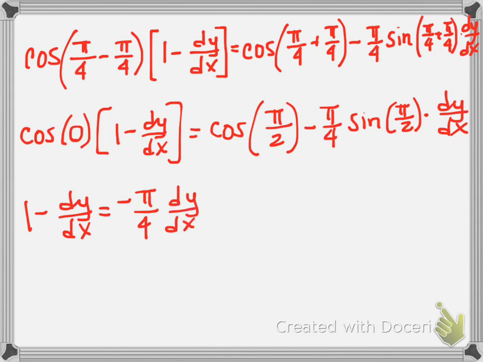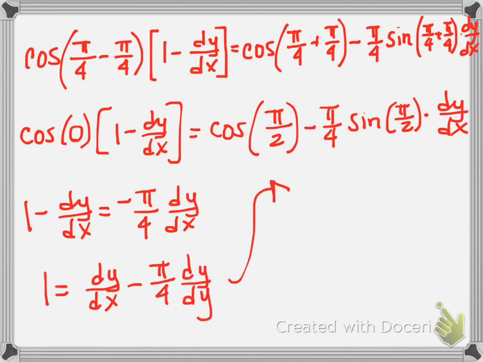And now I can solve for dy/dx. I get 1 equals dy/dx minus pi over 4 dy/dx. Or in other words, 1 equals 1 minus pi over 4 times dy/dx.